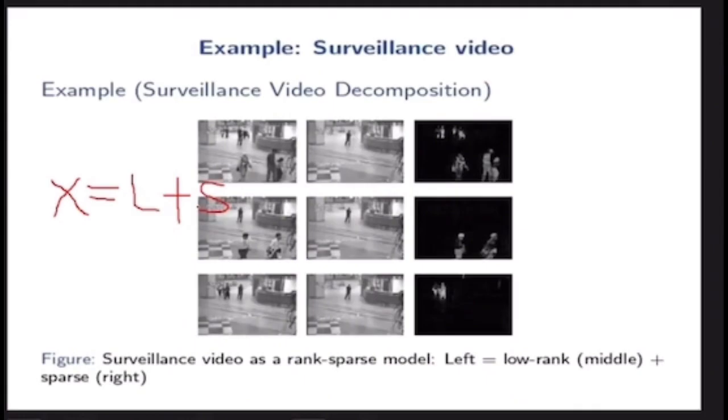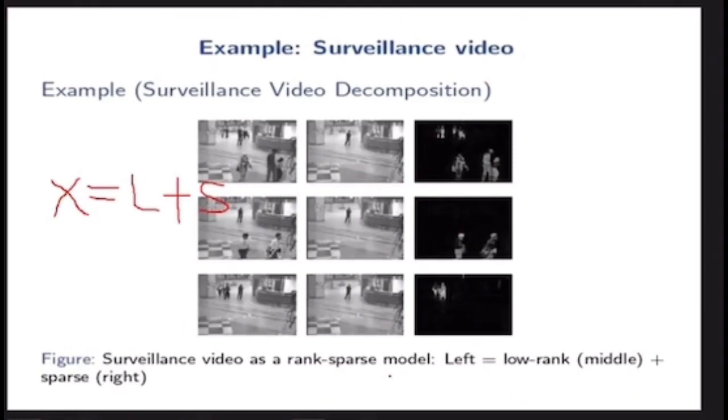But we also have a situation where we can partition into two matrices that can be added together. And this is what we call the low rank plus sparse model.